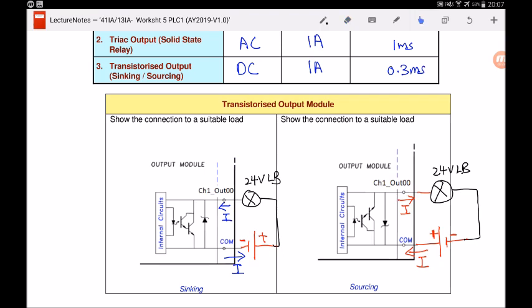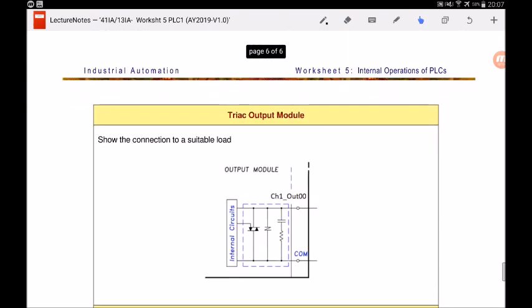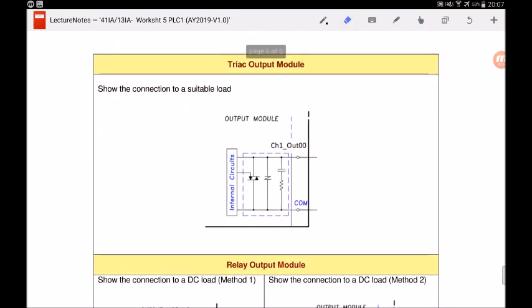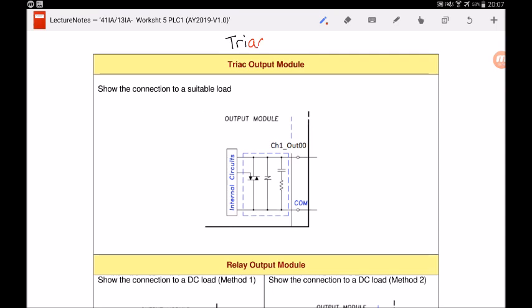Now we shall take a look at the triac output module. The name triac, can you see this, AC, this is just to help you remember that triac supports AC.